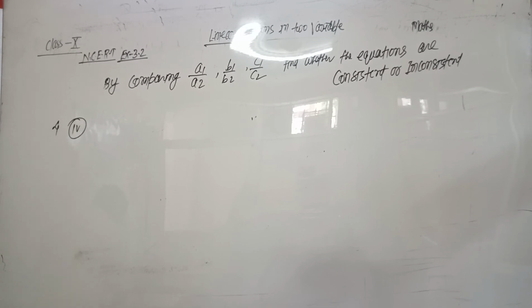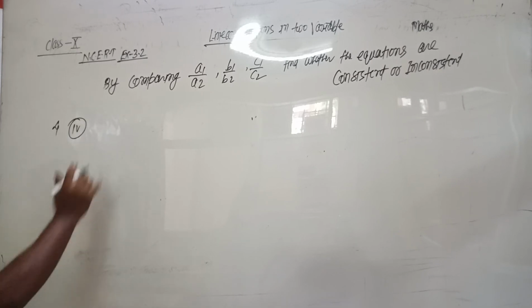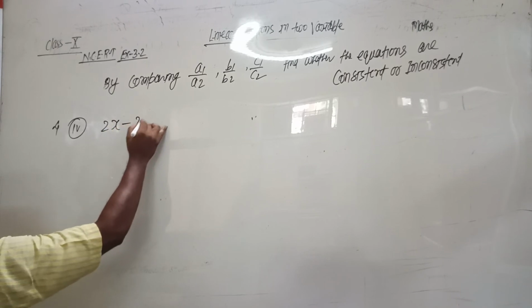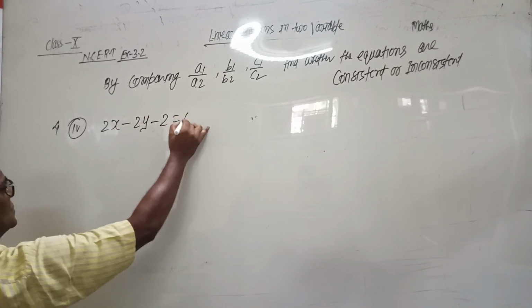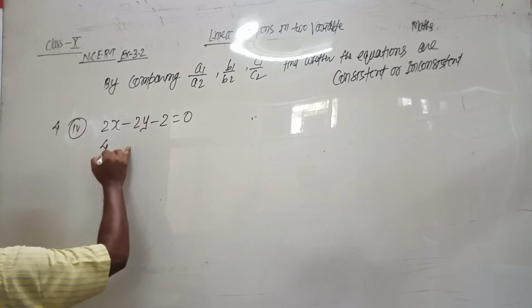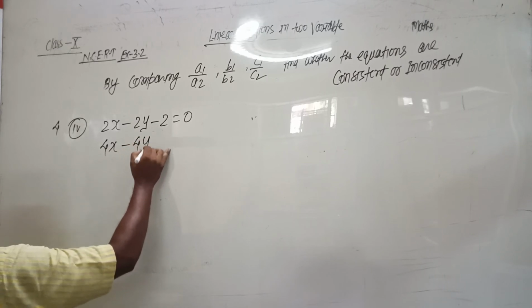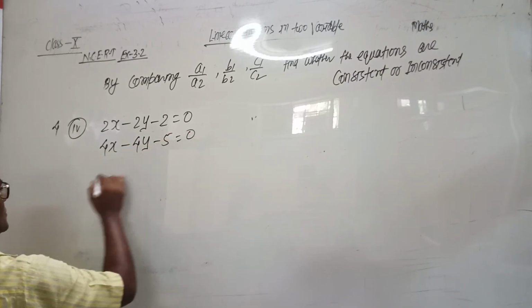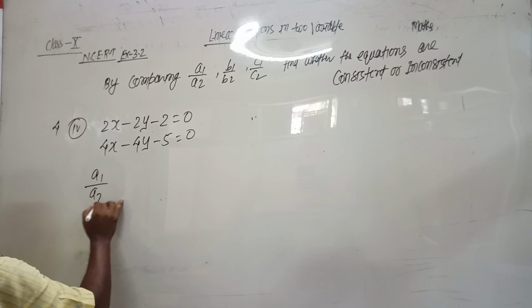This is 2x minus 2y minus 2 equals 0. And the other equation is 4x minus 4y minus 5 equals 0. So we find a1 by a2.